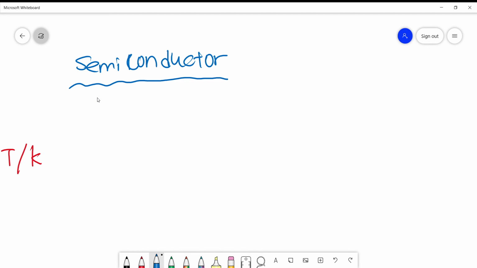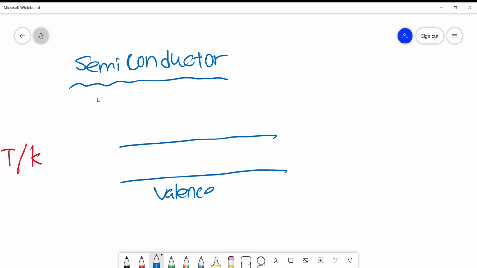So let's say this is the valence band, and I hope you still remember. This is the valence band and this is the conduction band. We did discuss the valence band and the conduction band in the chapter on heat transfer. Between these two bands, this is the semiconductor, of course.